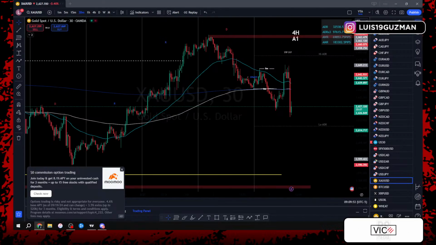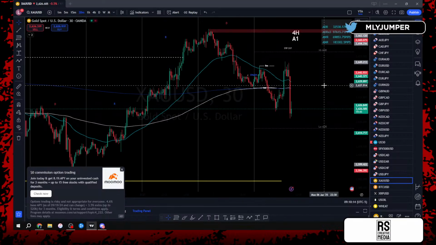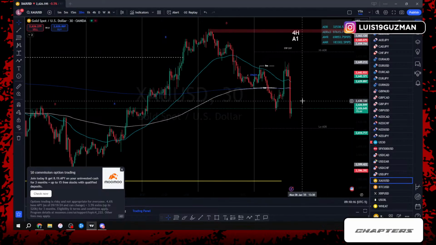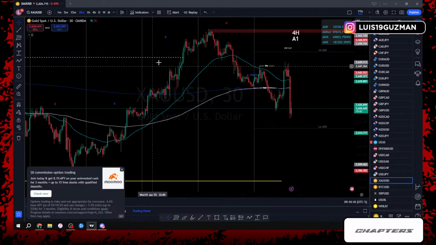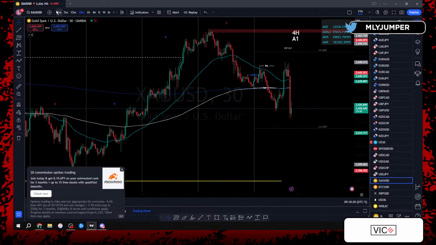The type of way that they trade is not feasible for beginner traders, right? It's not feasible to have a 300 pip stop loss and then a 10 to 20 pip take profit, right? Number one, if you have a $100 account, $200 account, $500 account, you're not gonna make any type of profits trading just one candlestick move, and it's not even one candlestick move.